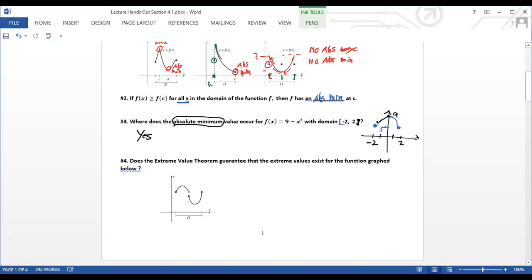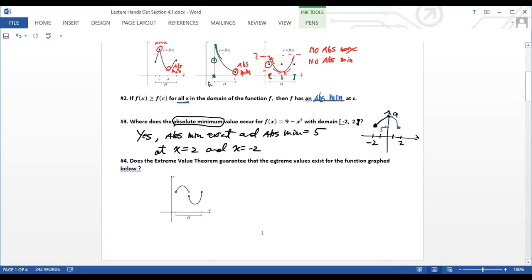So I know when you go down close to here, you're going to reach here, right? So we say yes. The absolute minimum exists, and the absolute minimum equals what? Equals 5. Where does it exist? At x equals 2 and x equals negative 2.